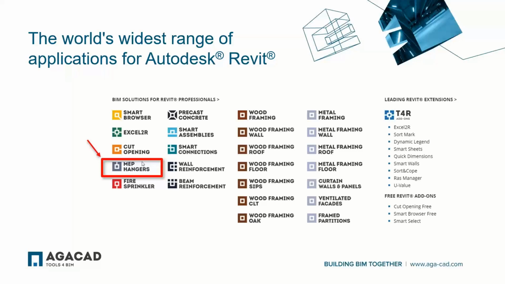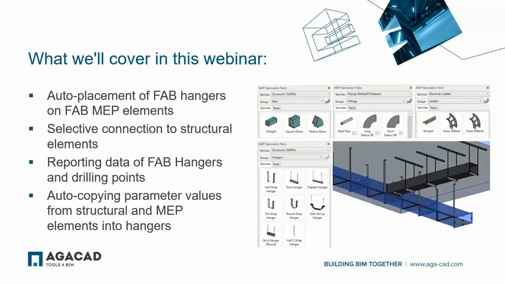On our MEP side, that would be cut opening, MEP hangers, and fire sprinklers. Today I'll be talking specifically about MEP hangers, with an inclusion of one tool which comes inside of the MEP Hangers package. It's called SortMark, and it helps with the work of MEP Hangers and with other work as well. What will be in today's webinar?